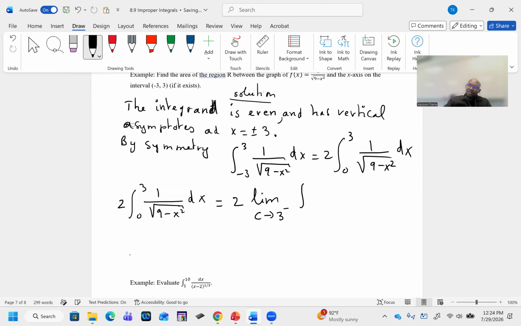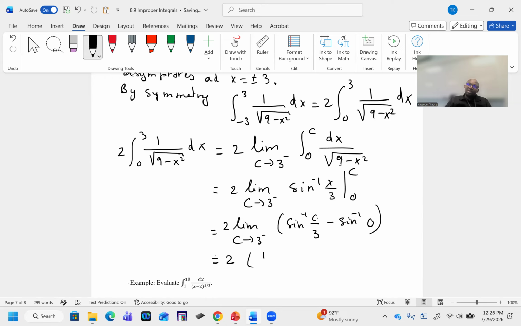And then if I find this limit, 3 divided by 3 is 1, and sine inverse of 1 is pi over 2. So this one will be 2 times pi over 2 minus 0, which is pi, right? So that means the area is what? Pi.